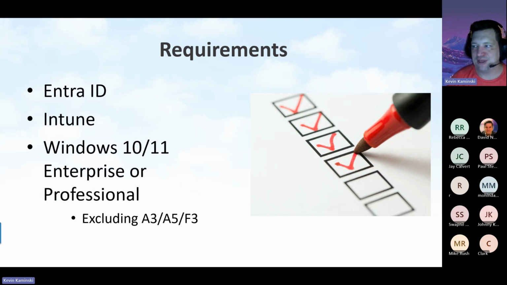It also has to be enrolled in Intune, and it can be Windows 10 Enterprise or Professional, but the academic licenses are excluded for some bizarre reason. I really hate that. As well as Frontline, which I don't understand because Frontline machines, I think, would really benefit from Autopatch.